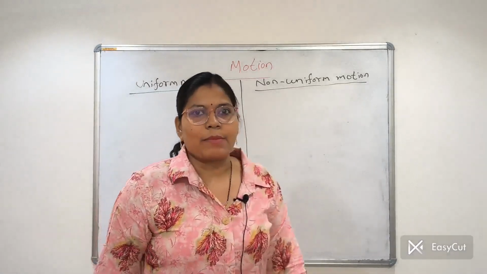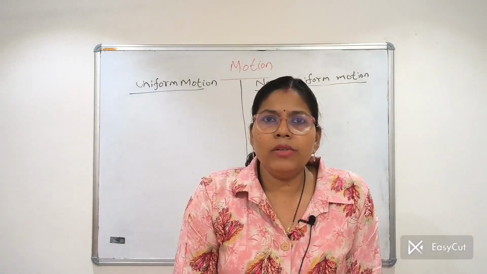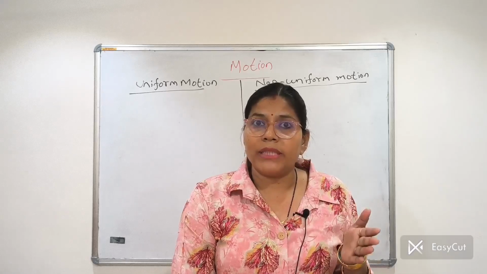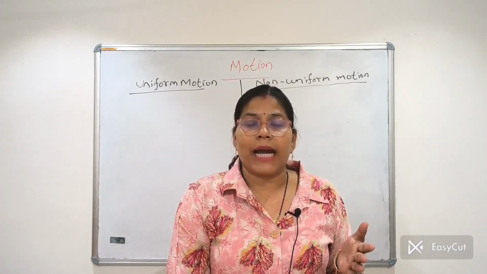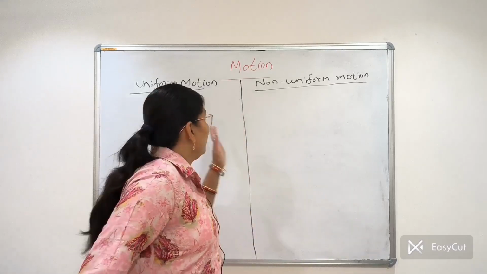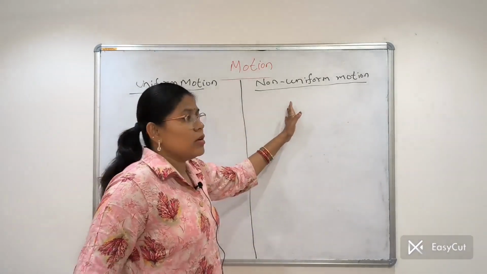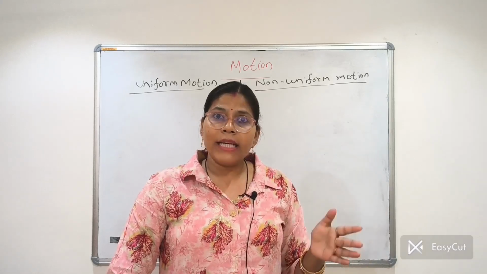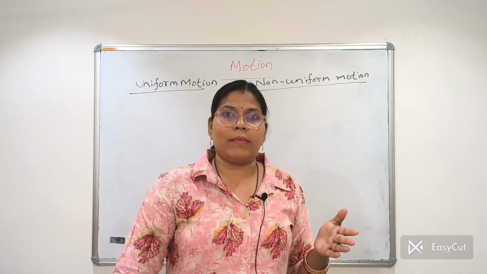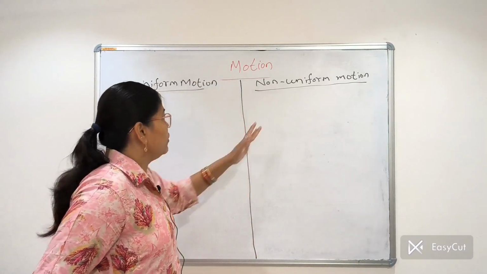So let me explain. What is uniform motion? When an object covers equal distance in equal interval of time, then it is known as uniform motion. Similarly, what is non-uniform motion? When an object covers unequal distance in equal interval of time, then it is known as non-uniform motion.